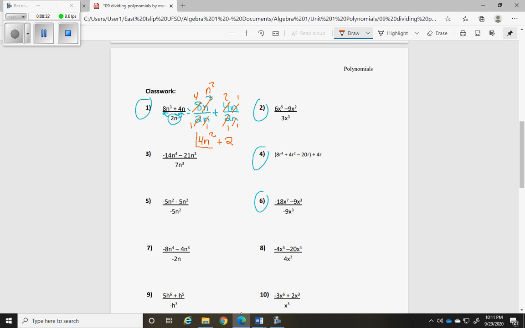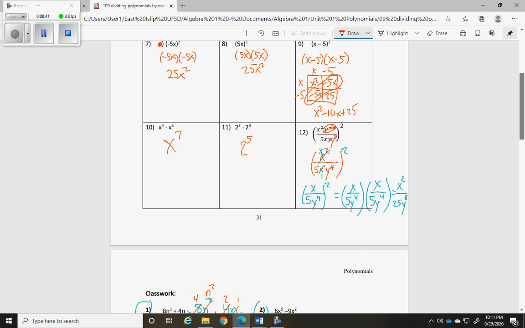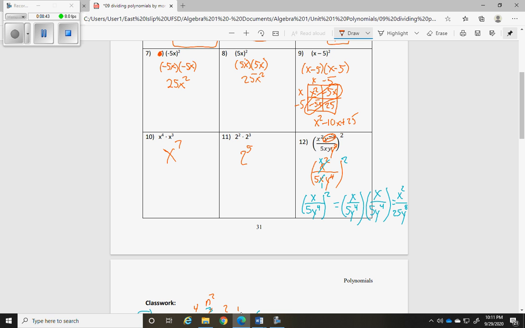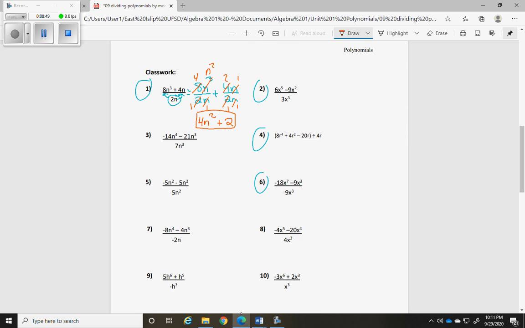And that is my final answer. So if you can do monomial division, you know, like number 12 was like a complicated monomial division even, you can do this division of a polynomial by a monomial.